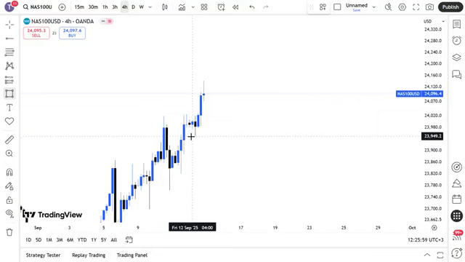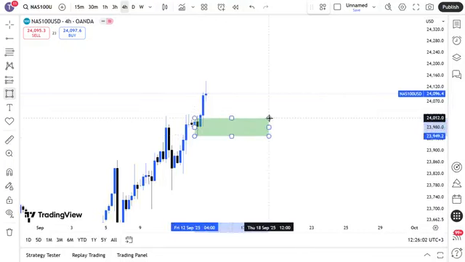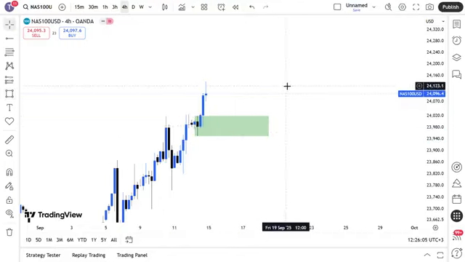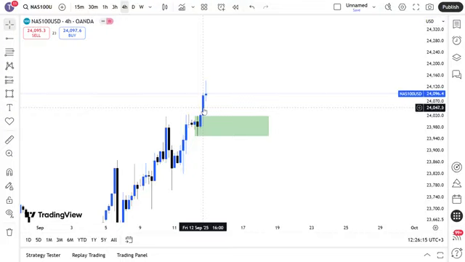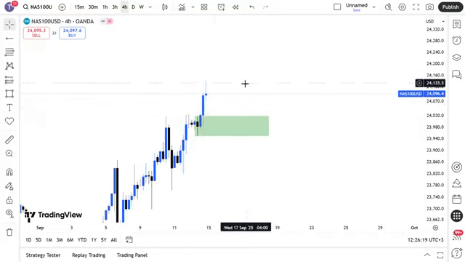So I'll be marking this order block, and I expect NAS 100 to come into this order block before going to the upside. And the reason why I'm watching out for this order block is because there is this imbalance, and I expect price to be attracted by this imbalance to come into this area before I look for my buys.